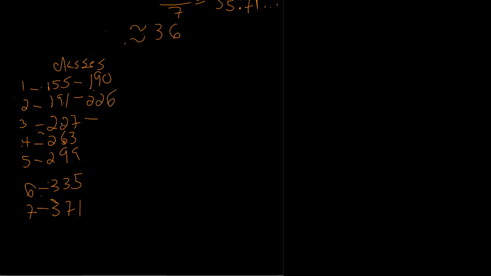All right, one less than the lower limit up above, so this is 262. And one less than the limit below, so this is 298. This is 334. This is 370. And then in here I'll add my 36 too, and I get 406.